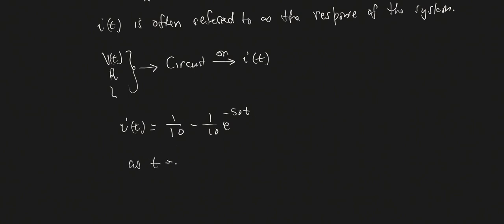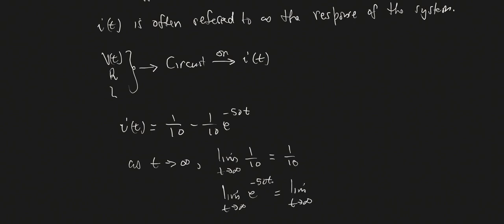So as t goes to infinity, the limit as t goes to infinity of 1/10 is just 1/10, because it's a constant and never changes. And what about the other term? The limit as t goes to infinity of e to the negative 50t. Let me rewrite this exponential function as 1 over e to the 50t.